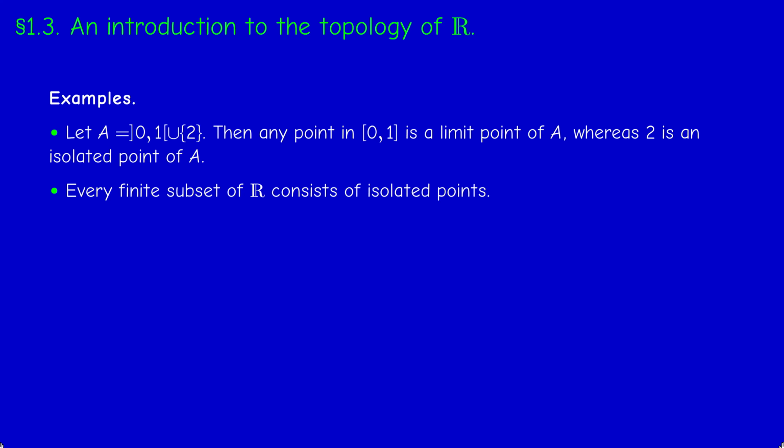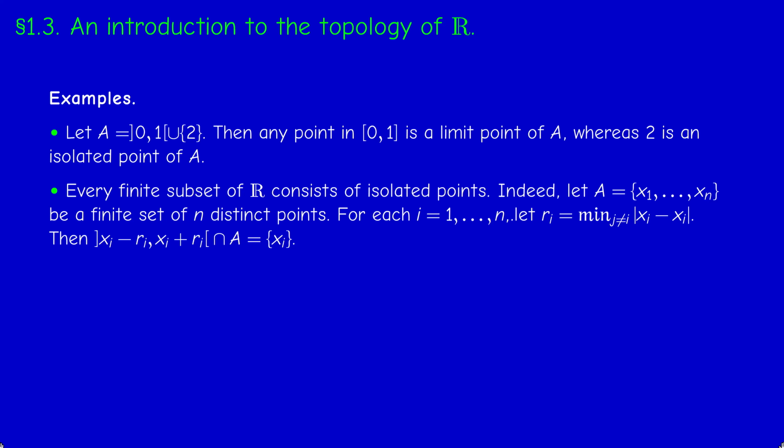Another example: any finite subset of R consists of isolated points. Otherwise stated, a finite subset of R has no limit points. How do you know that? Just draw a picture if you like. Suppose that A is of the form {x1, x2, x3, ..., xn}. It's a finite sequence, and we can assume that all the points are distinct. Fine.